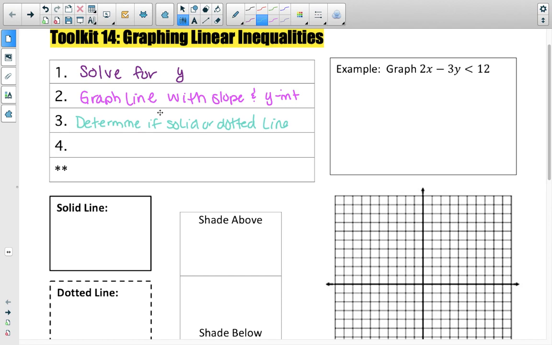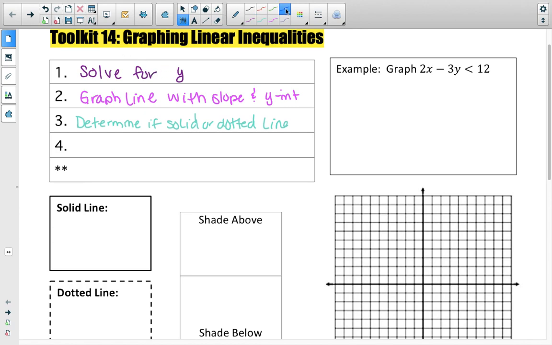X is less than 5 would mean that we would have an open circle and it would be the numbers that are less than 5. When we're graphing linear inequalities, we have it in two variables, a y and an x. So in this case, it won't just be one open circle, it would be multiple open circles, so we would use dotted lines. Solid would be the equal to aspect, just like if we had a solid dot when we graph on a number line.